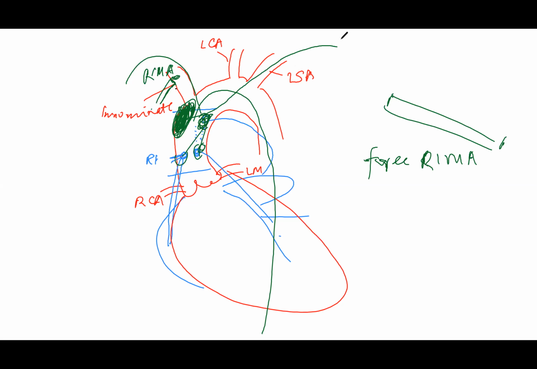Same thing with lima. You will have lima coming out of here from the subclavian just across the thoracoacromial junction. But sometimes the lima can be coming from the vertebral artery, and that can be a problem. You have to access it. Or it could be coming from the thoracoacromial duct.